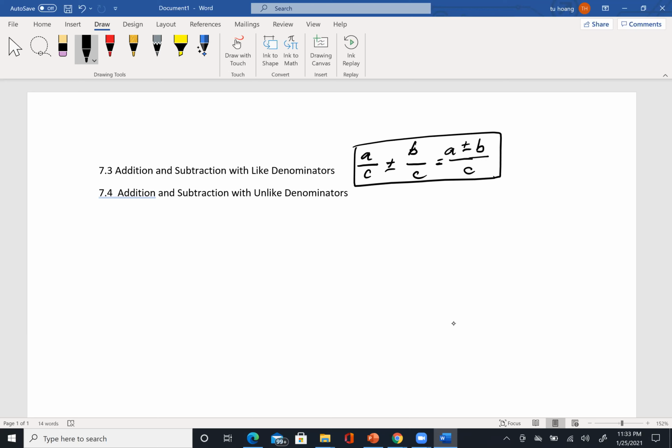Today we learn about the case with denominators that are not the same.